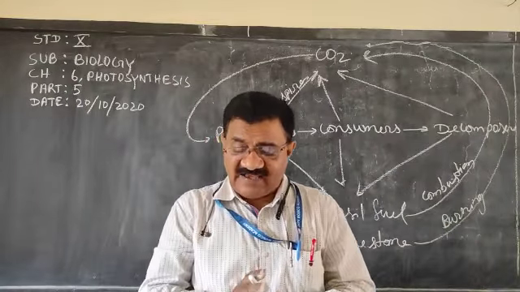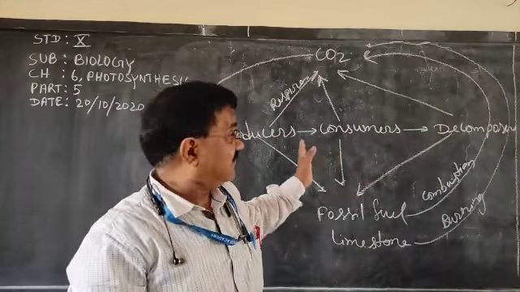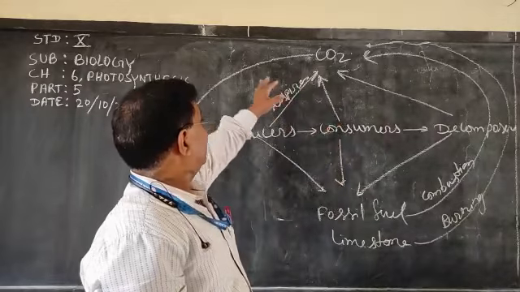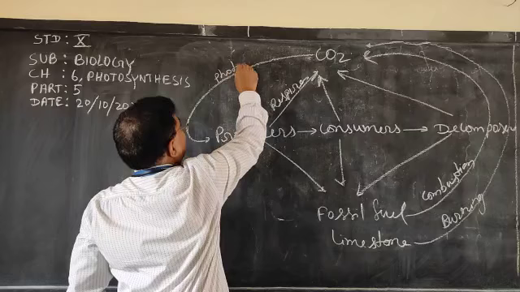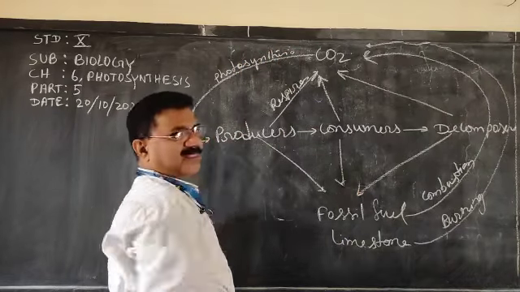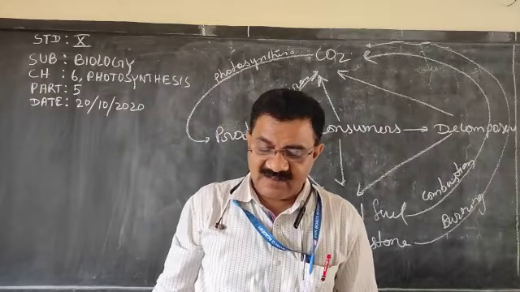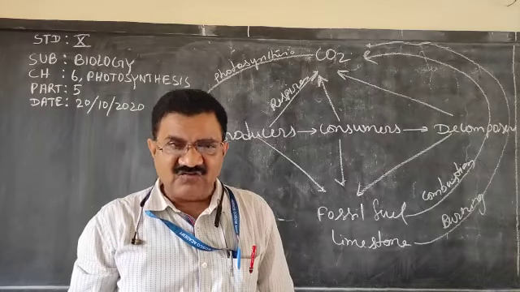So in the carbon cycle, what we have discussed? Photosynthesis: green plants are the producers. They take carbon dioxide for photosynthesis, and they produce carbohydrate, sugar, starch.